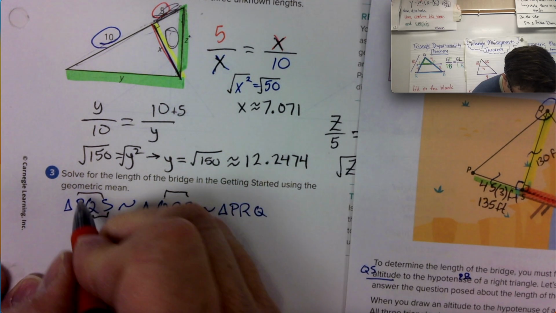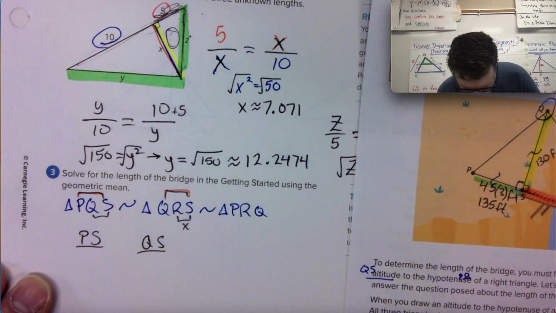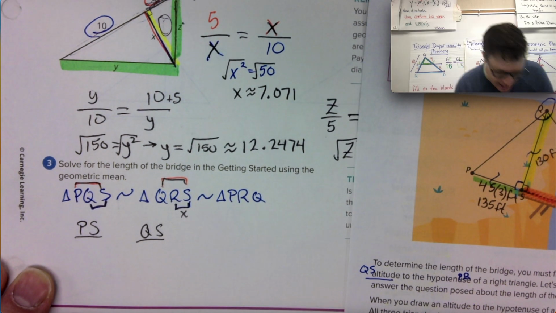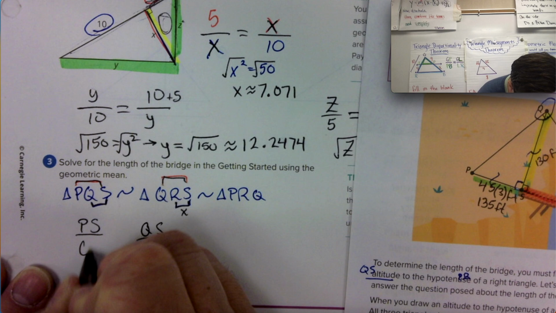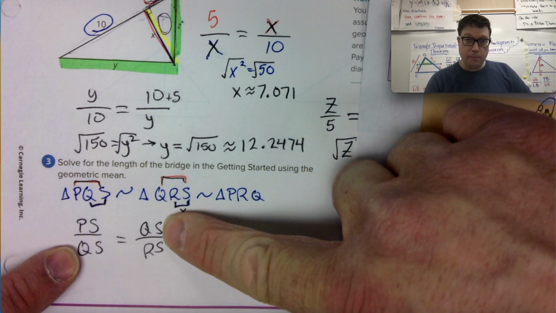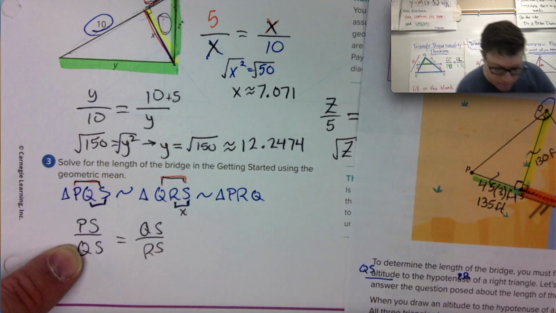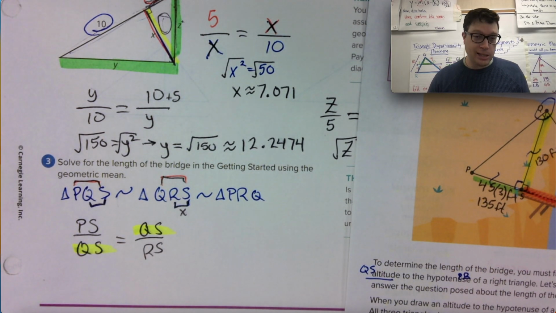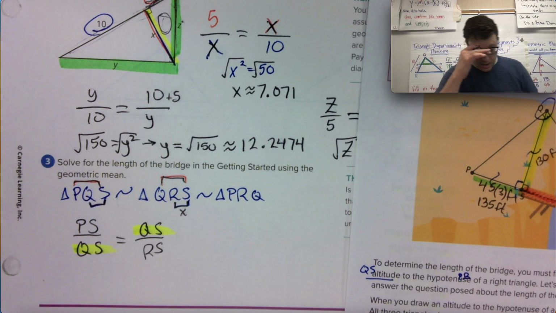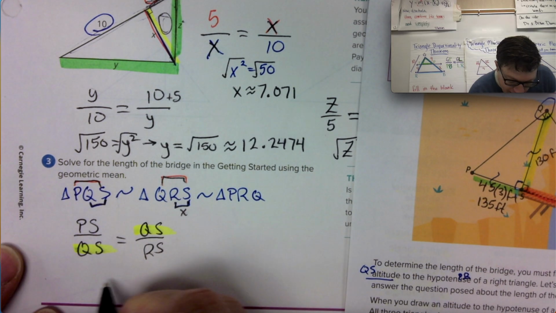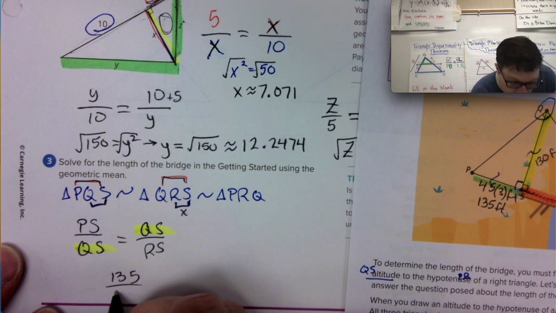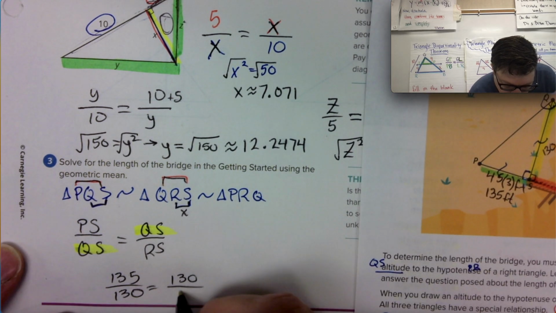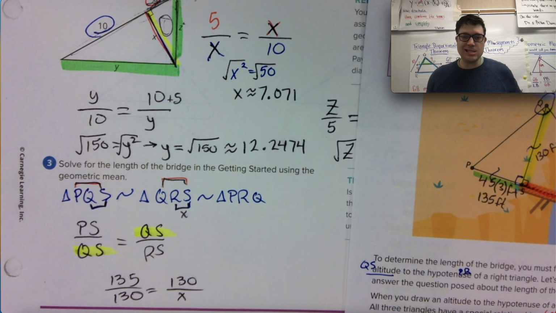So I have PS, QS, and then I have QS, RS, and RS was x. Here's my geometric mean setup, where there is a number that's used twice. Maybe it's unknown, maybe it is known, but it's used in two locations. Now I put in the numbers I know. I know PS is 135. I know QS is 130. I know that 130 is in two locations, and I know that the length of the bridge, RS, is unknown.